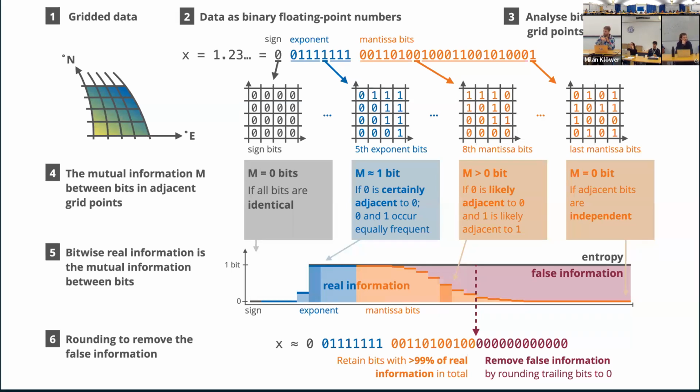Because a lot of things in weather and climate simulations are isotropic, the direction doesn't matter as much. It turned out it's way more costly to do the analysis in the north direction first if your data in memory is actually ordered in the other direction, because then you would need to jump all the time. So from a practical point of view, we realized we should just walk the data as it is stored in memory, and it probably gets you close enough. That's why we just do it that way.